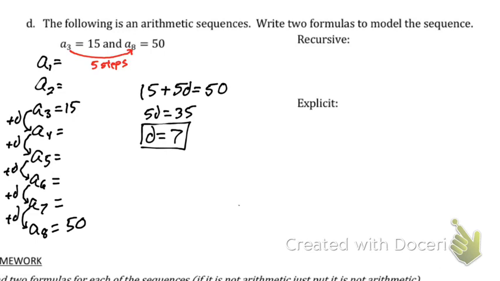Cool. Two things I need are a common difference and my first term, and I come up with my two equations. So the only thing I'm missing now is my first term. How would I get my first term in this one? What's one method I could do? I could absolutely subtract 14 from 15.